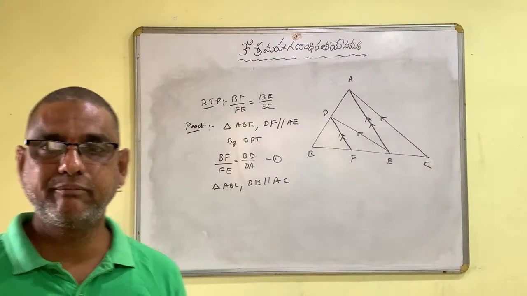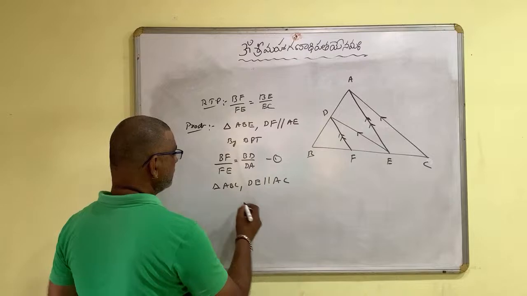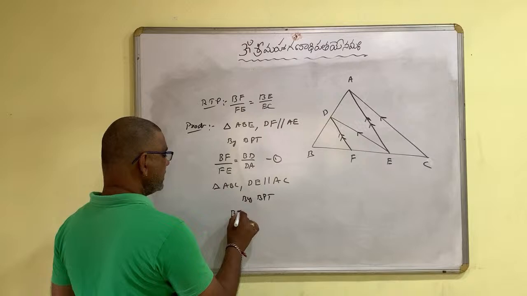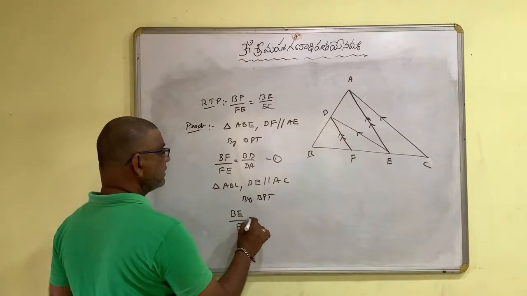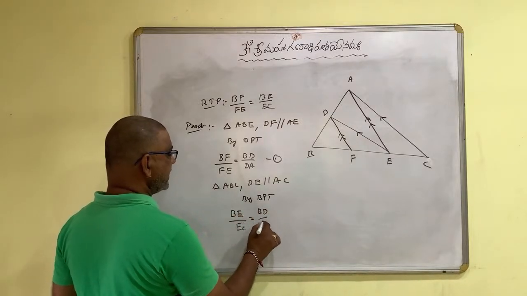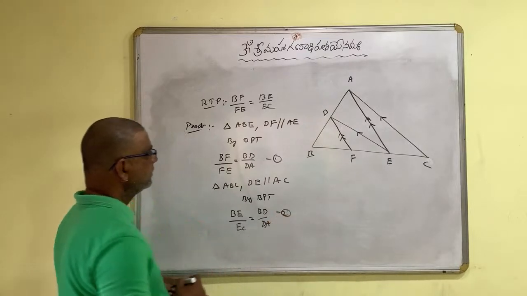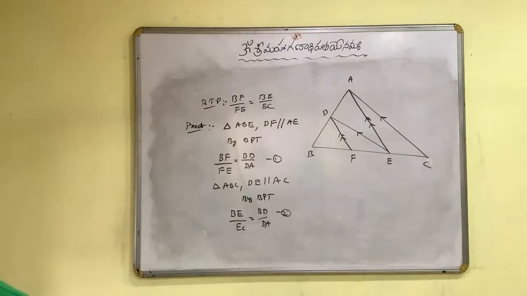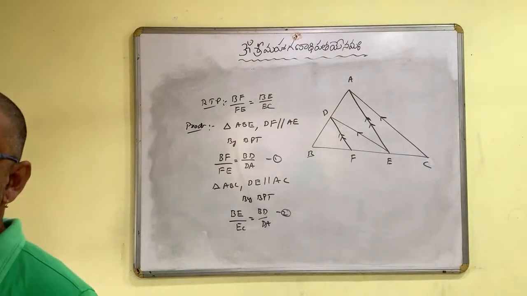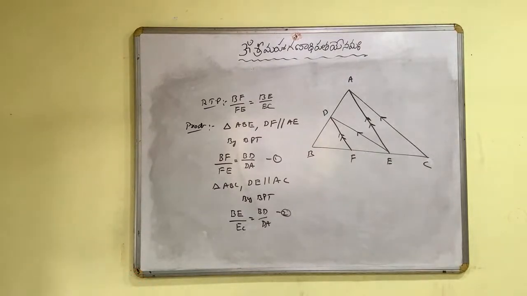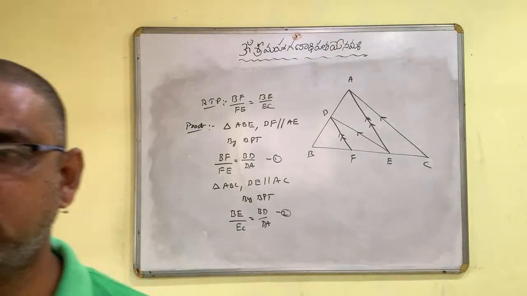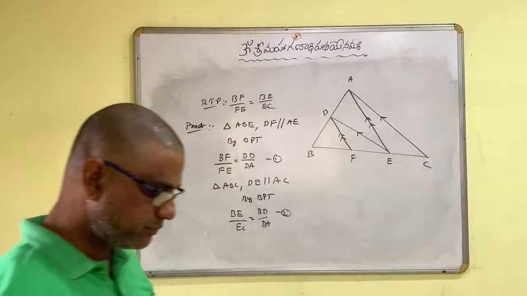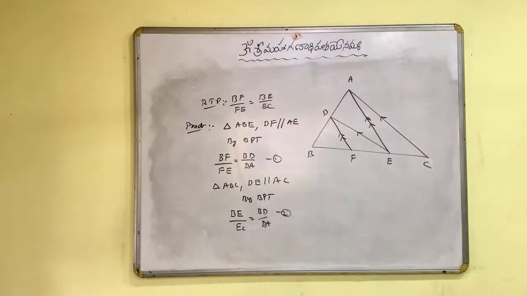So, by basic proportionality theorem, BE by EC equals again BD by DA. Let it be 2. Now, from 1 and 2, I think we got the answer. Is that right? From 1 and 2, we got the answer.